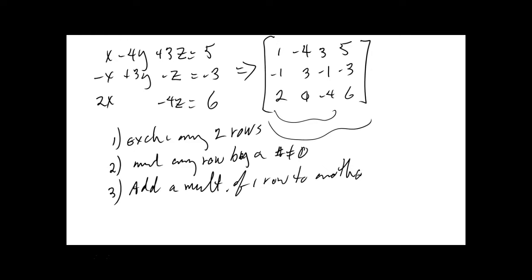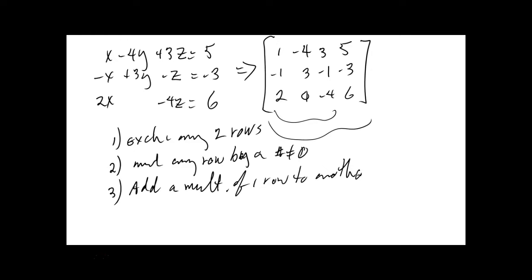When you do any one or more of those, you come up with an equivalent matrix, just like an equivalent system of equations. We said they are row equivalent when one is obtained from the other by a finite sequence of these elementary row operations.